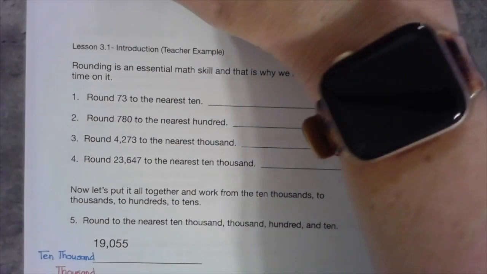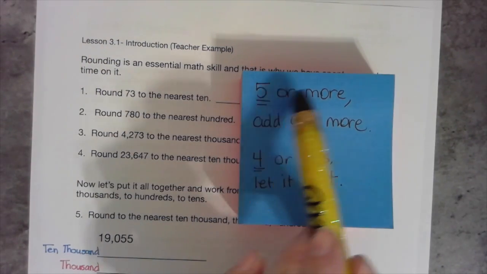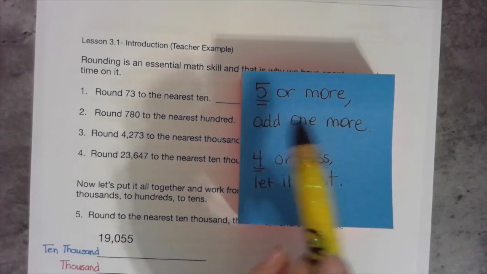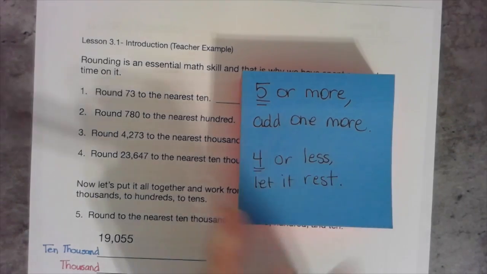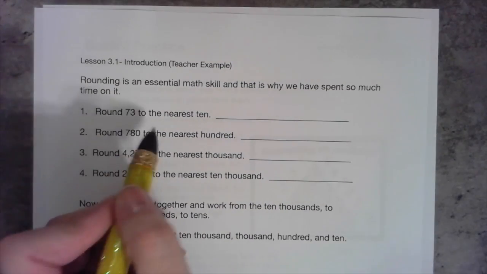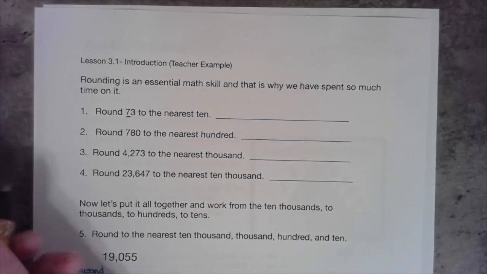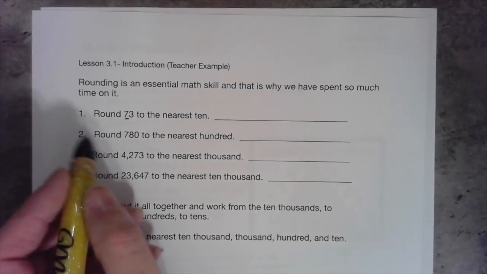Let me remind you of our poem. Okay, so 5 or more, add 1 more, 4 or less, let it rest. Okay, so we're going to round 73 to the nearest 10. I'm going to underline the 7 because it's in the tens place.